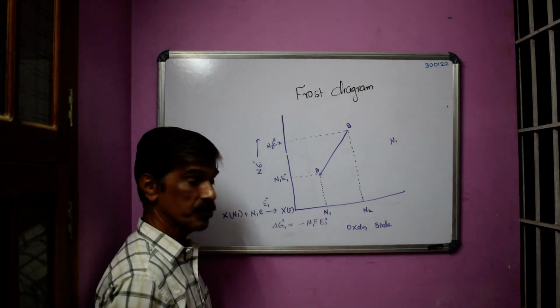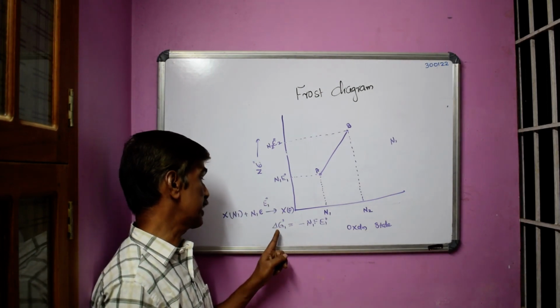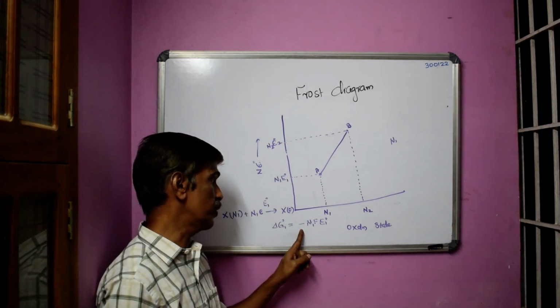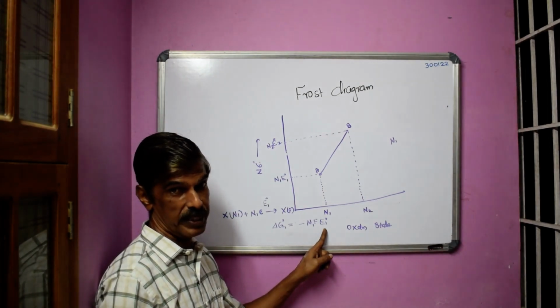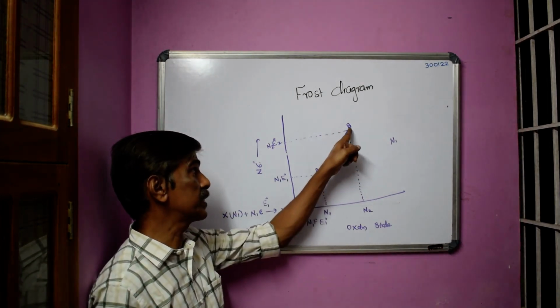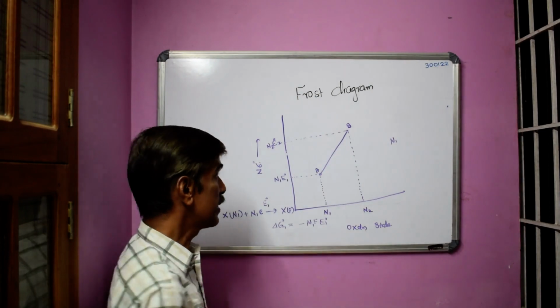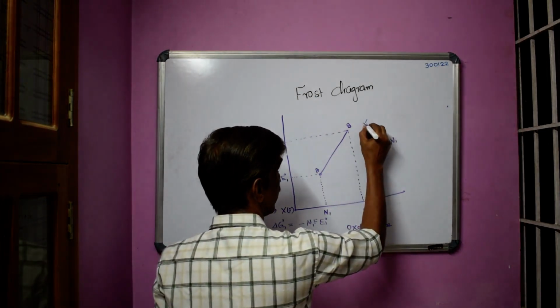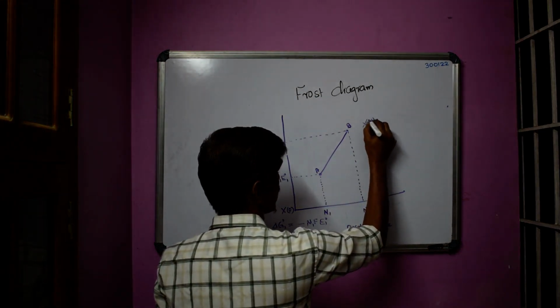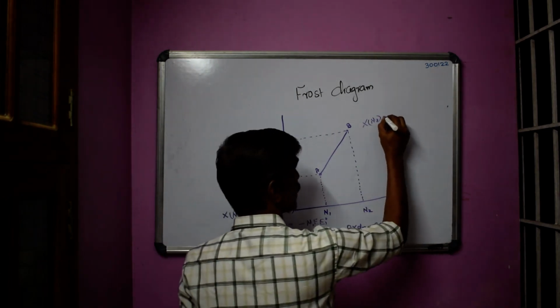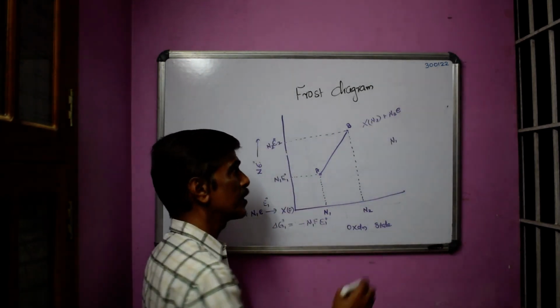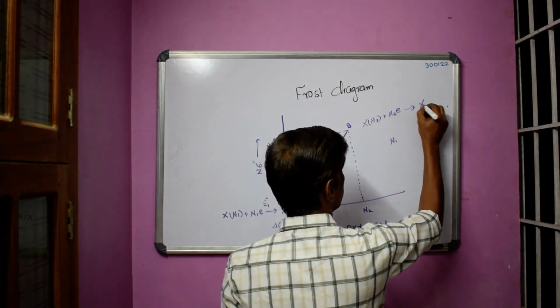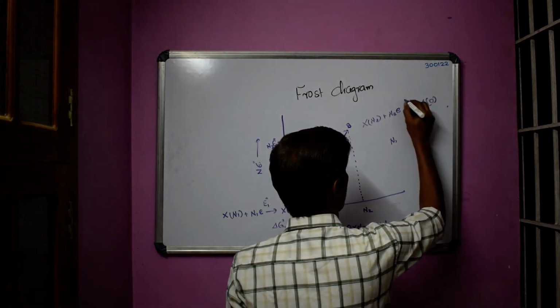So for this reaction delta G01 is equal to minus N1 F E1 0, isn't it? Similarly, for the species B, the reaction is x in the N2 oxidation state plus N2 electrons, giving x in the 0 oxidation state.